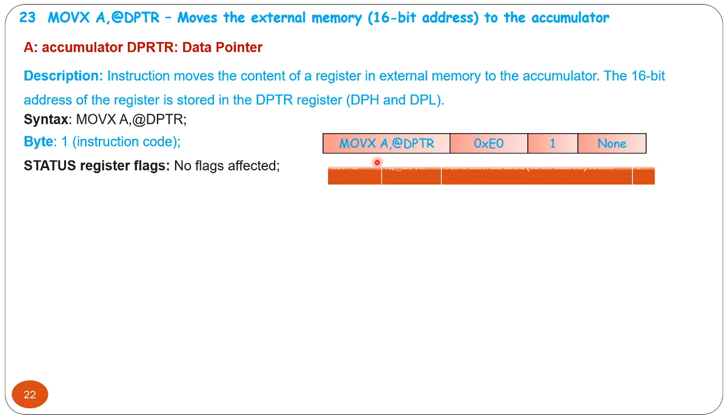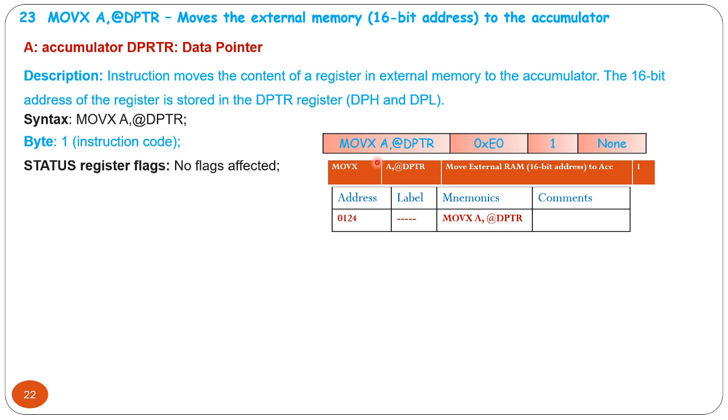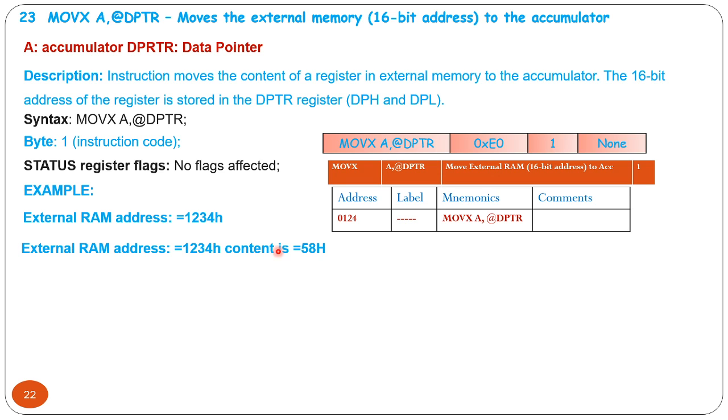The content now gets changed when we write the instruction like this, MOVX A, @DPTR, whose operation code is E0H. When E0H is executed, suppose the external random access memory has the address 1213H, and the content of that memory is 58H.